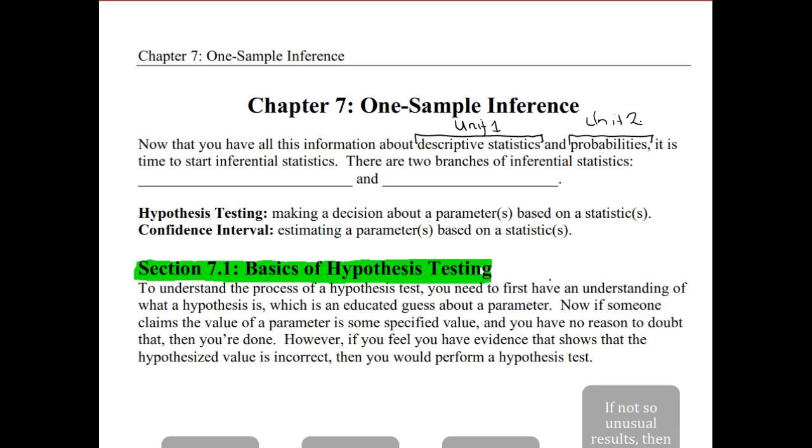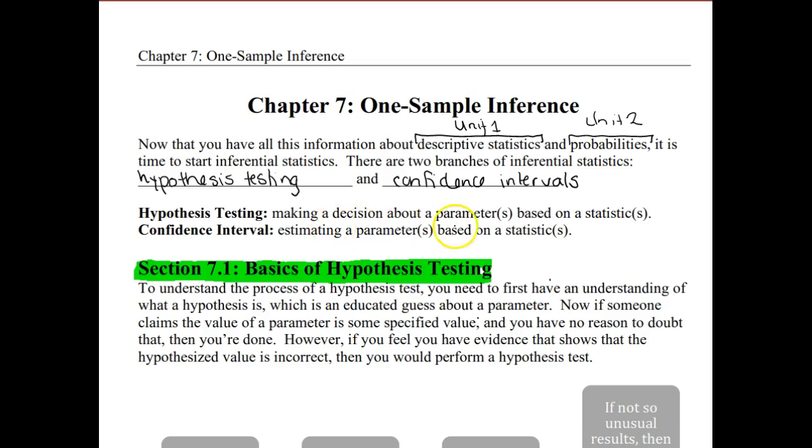So there are two branches of inferential statistics. One of those is hypothesis testing, and the other is confidence intervals. Hypothesis testing is making a decision about a parameter based on a statistic.